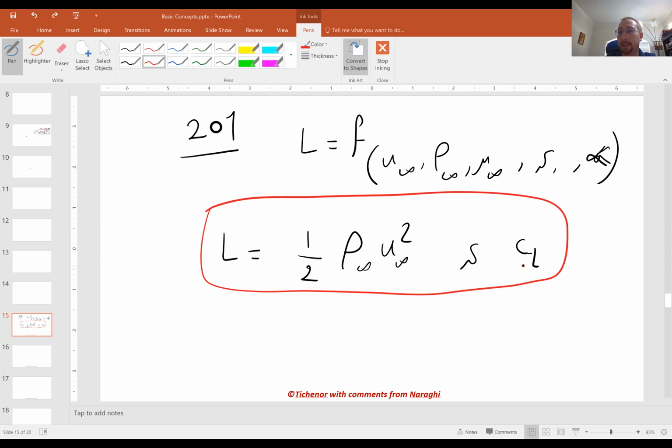Basically, what we want to say is that for a given shape of a wing, whether the size is this or the size is this, the relationship between L and surface area and dynamic pressure will be like this.